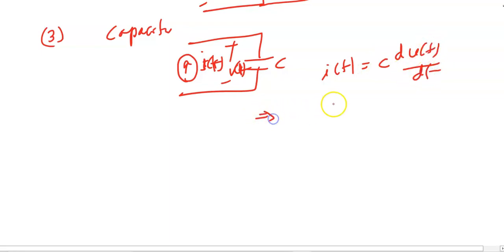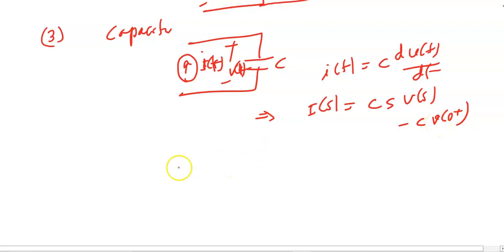Taking the Laplace transform of both sides, I(S) is equal to C S V(S) minus C V evaluated at t equal to 0. So you can write this equation.